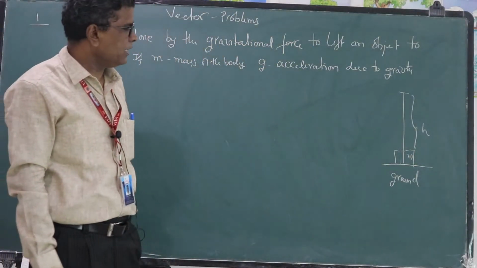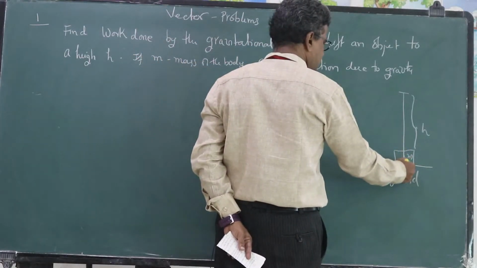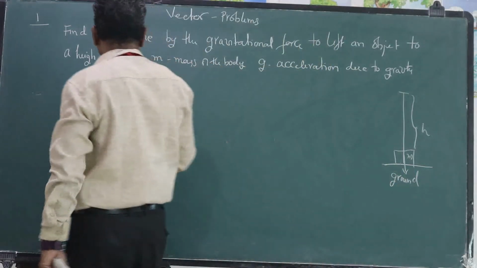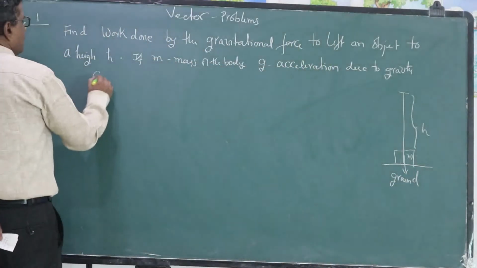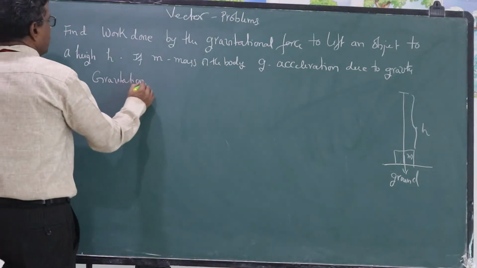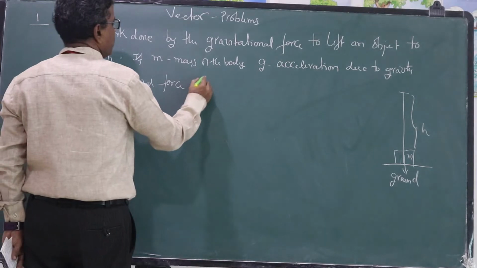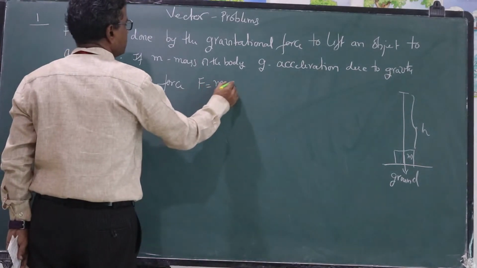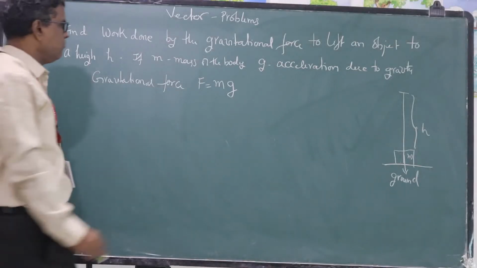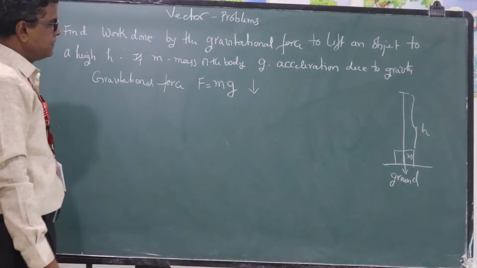You know that gravitational force acts vertically downwards. So what is the gravitational force acting on the object? F is equal to mg, nothing but the weight of the object. How will it act? Vertically downwards.